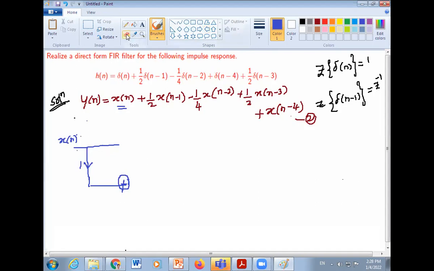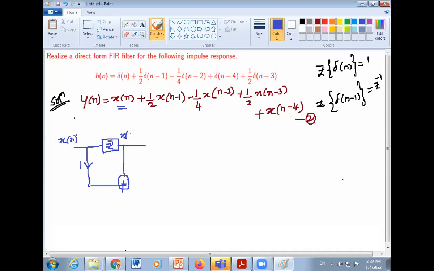Then, as I want the second function, what do I want? This is z inverse. I want X of n minus 1. So what will come here now? What will be the output at this point?